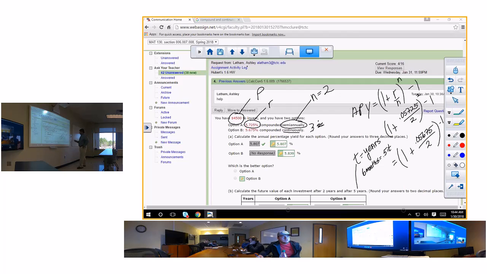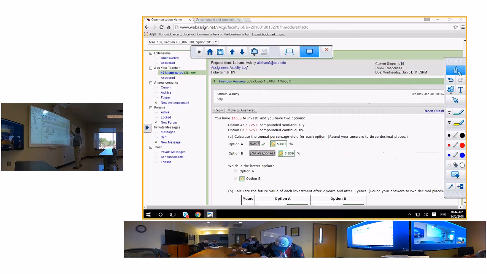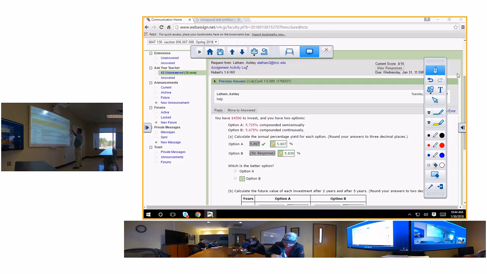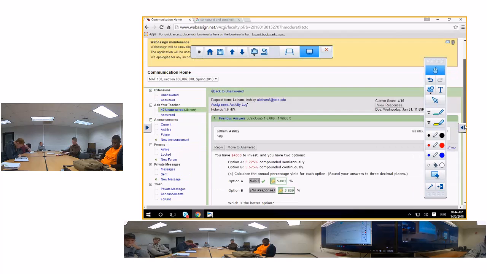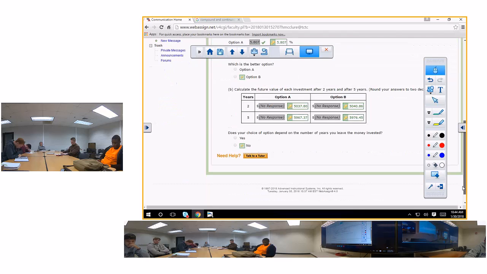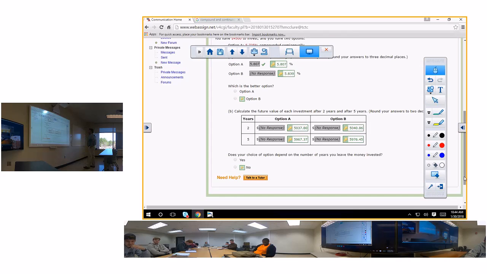All right, now I have no idea what the question's asking next. We'll move it down and see. Calculate the future value of each investment after 2 years and after 5 years. So I'm going to write the formula.